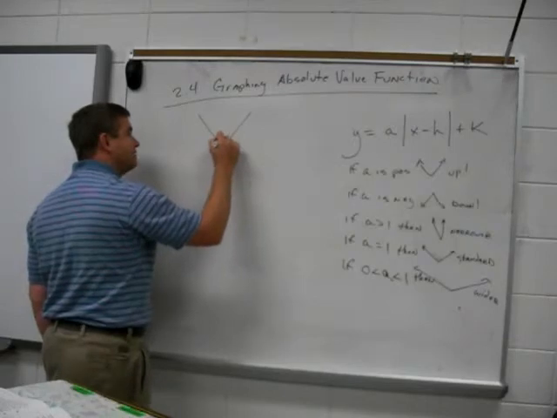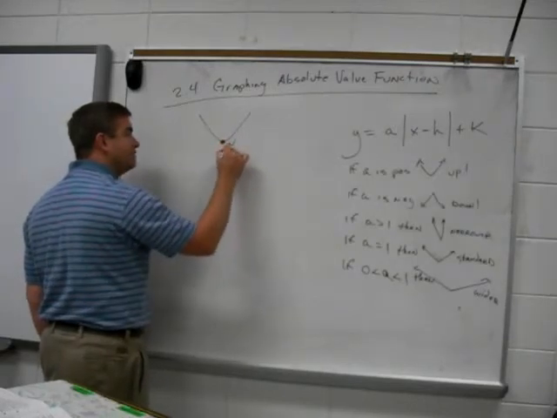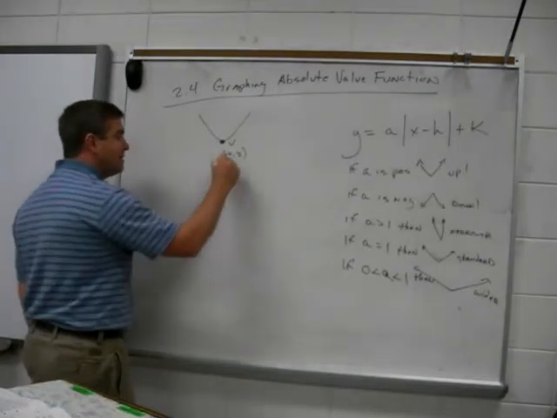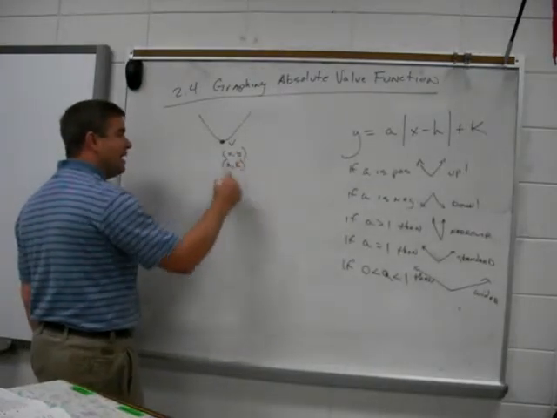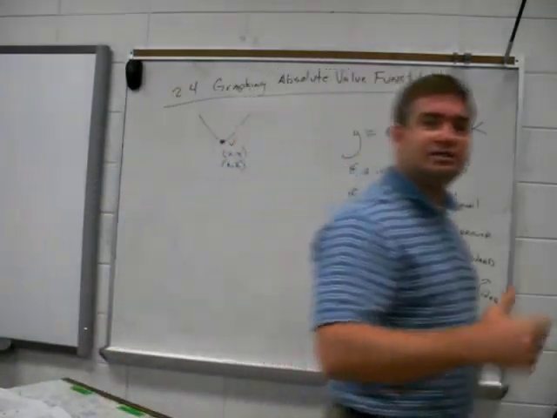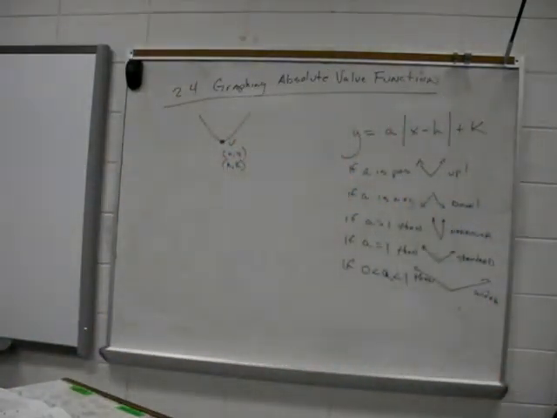Every graph has a vertex right here, and that vertex has an X and a Y, like 3, 2, or 4, 5. That is the same as H and K. H and K give us the vertex. Okay? So how can we get that information out of the way that it's written?